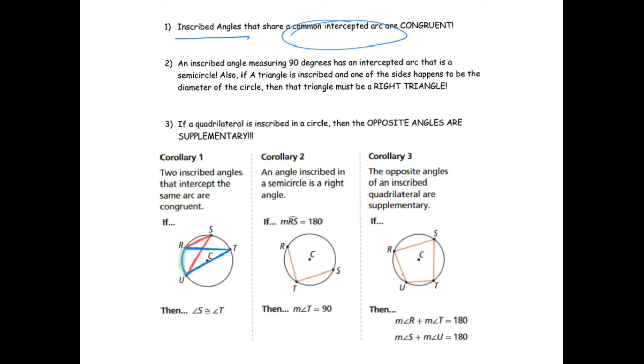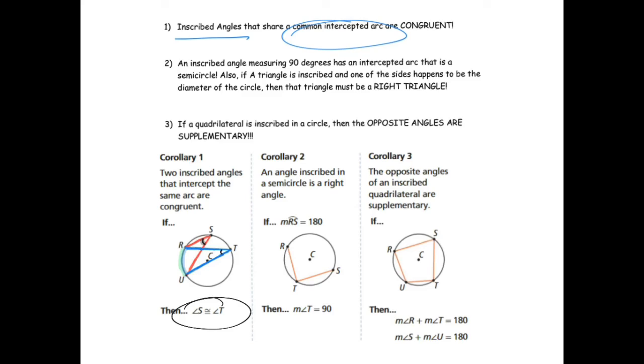So they both share the same intercepted arc. That means that those two angles must be the same. Whatever angle S is, angle T is going to be the exact same.